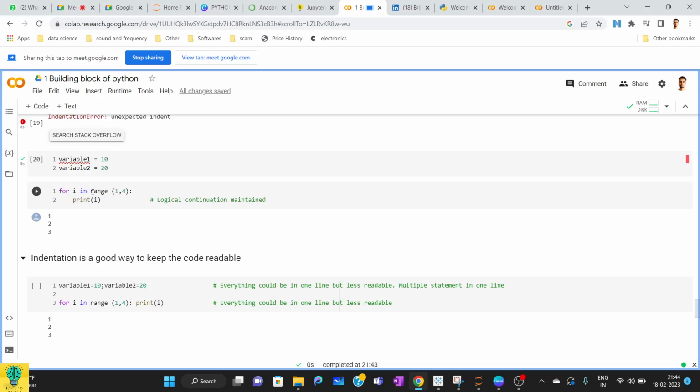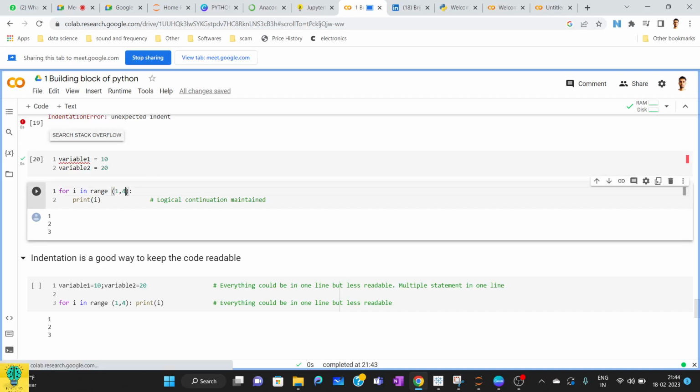So range is a function, you see, you have two brackets, that means it is a function and the name of the function is range. What it is going to give is the range of numbers from 1 to 4. It will exclude the outer part, that is it will give you 1 2 3 but not the 4. When I write range, it is going to exclude the last, minus 1.